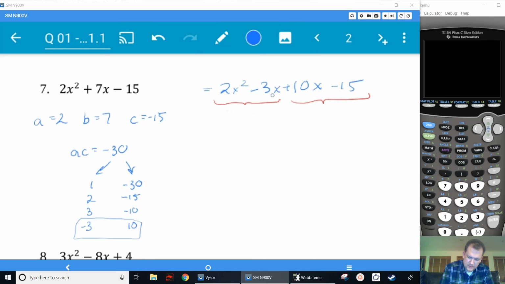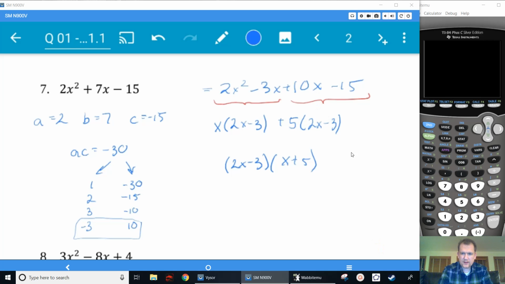The only thing that comes out of that group right there would be an x, leaving us with a 2x minus 3. Then is there something we can pull out of the last two to leave a 2x? It would be a minus 3, it would be a 5. Then you factor out the 2x minus 3, leaves you with an x plus 5. And that's good to go.